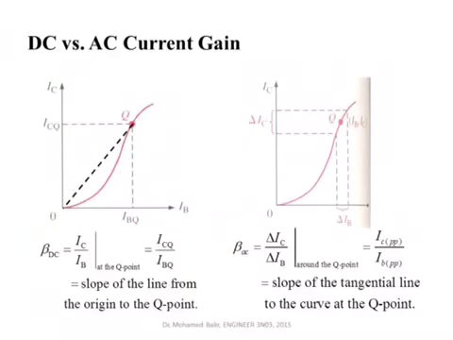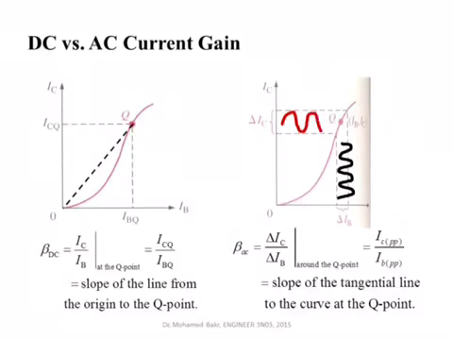But when we are talking about AC signals, we are asking what will happen if the base current shows tiny fluctuations around its operating value. When the base current fluctuates, the collector current will also fluctuate around its operating point.